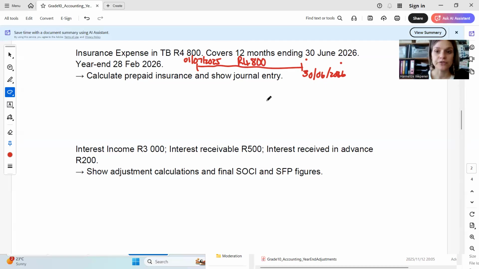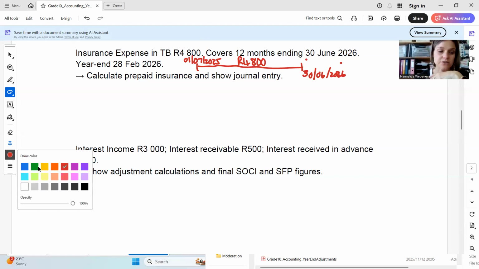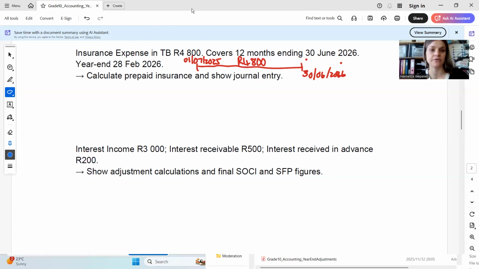Now they are saying that your financial year ended on the 28th of Feb 2026. So it's like we did with the previous video, the one that we ended on. We've made payment for 12 months, but before the end of that 12-month period, we had our financial year end, so 28th of Feb 2026.